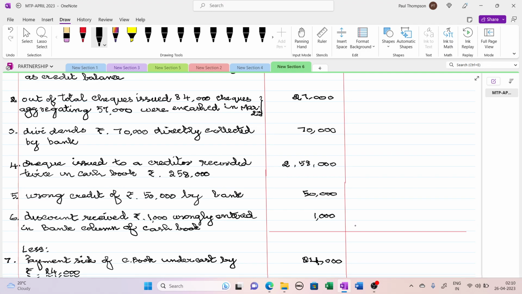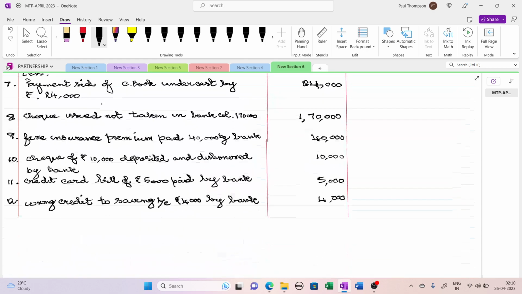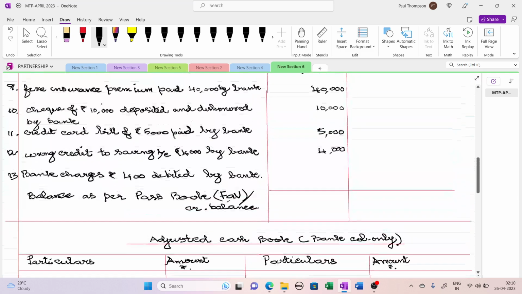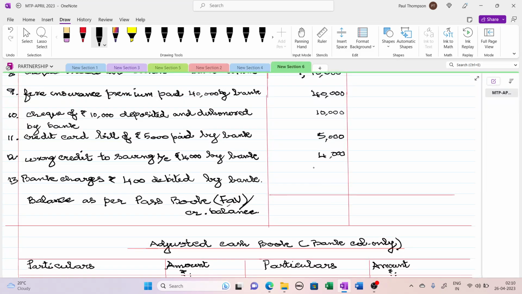Done. And now coming to the last entry. Bank debited charges 400. So there is a bank charge of 400 by bank. Now we have entered all the entries. We are going to total the debit side as well as the credit side.